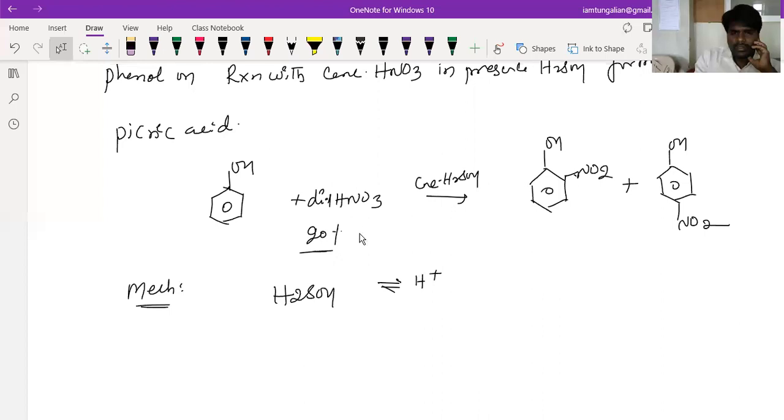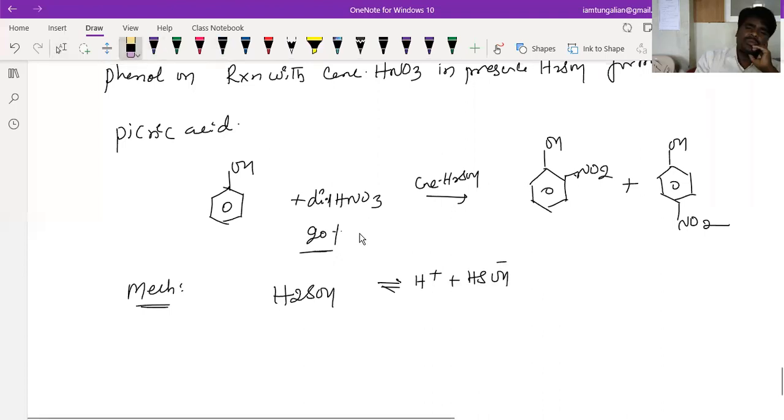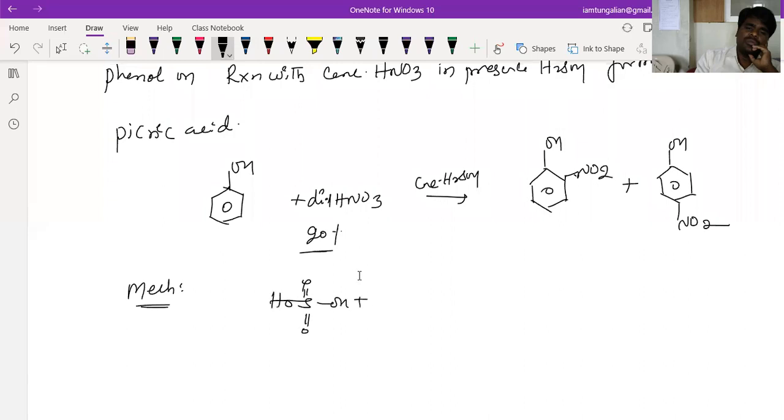If you look at the mechanism, what happens? Here, the acids react. Elimination of water takes place.